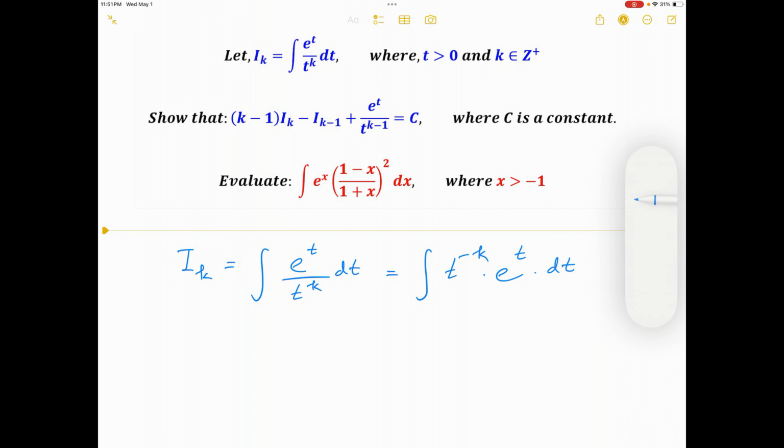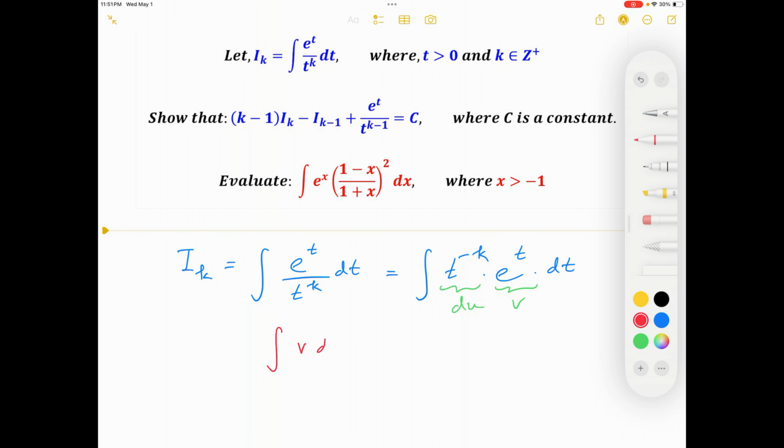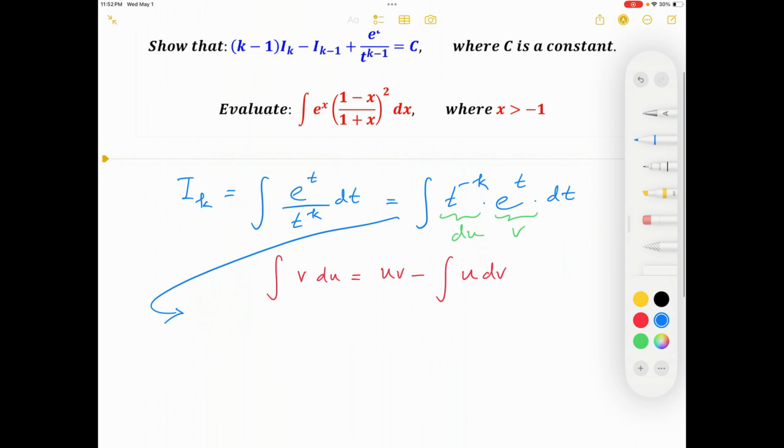That way I can identify two terms, one as du, the other one as v. When we label the left hand side as integration v du, the right hand side will be u times v minus integral u dv. Alright, now I'm going to apply integration by parts and simplify I sub k further.